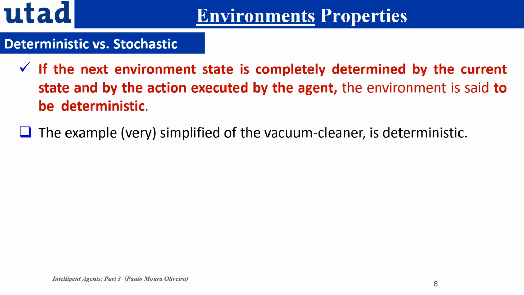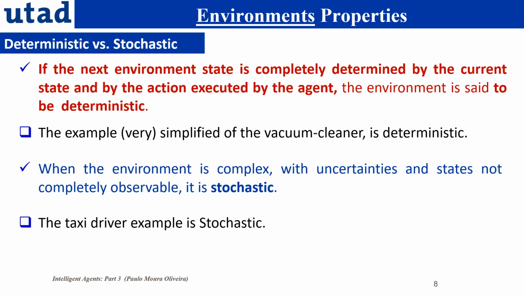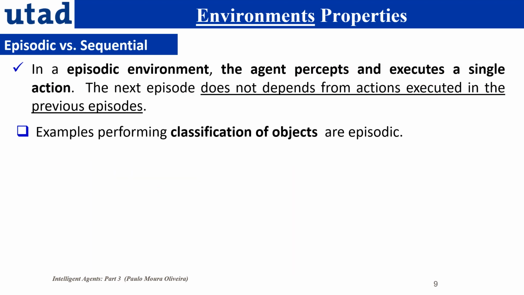For instance, the very simplified vacuum cleaner is deterministic because the next action is always determined by the previous one. Otherwise, it is stochastic. For instance, the taxi driver example is stochastic because you can never know what is going to happen in the next state.